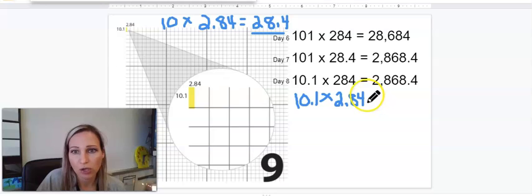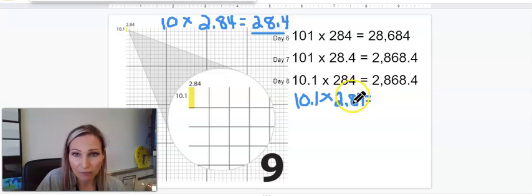All right, so what I'm hoping you noticed was that we've already done this. Remember, we did 10 and 1/10 times 284. So here's the 10 and 1/10, but it's not times 284 anymore. We're now changing this. So let's take a look at just this one right here, because these two are the same.